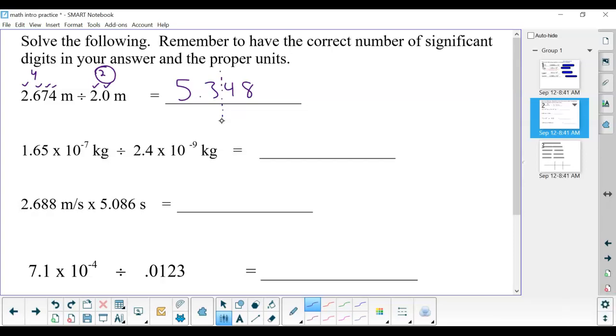So here's my cutoff point. Does a 4 keep the 3 down, or does it round it up? Well, 4s round down. Then we need to take a look at our units. We've got meters. Oh man, I've got to divide that, not multiply it.